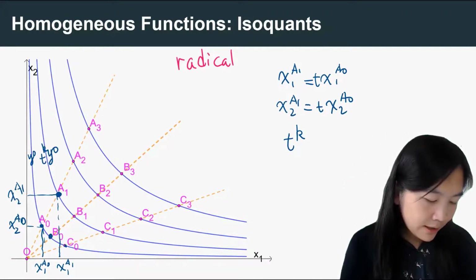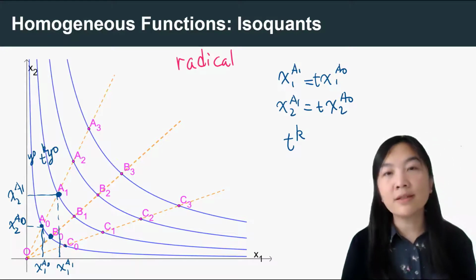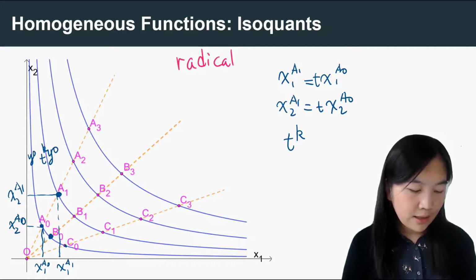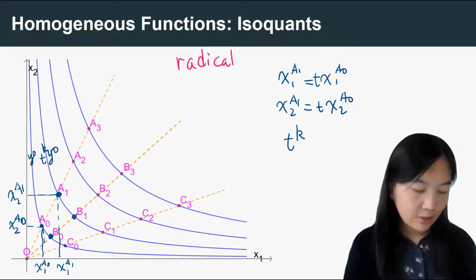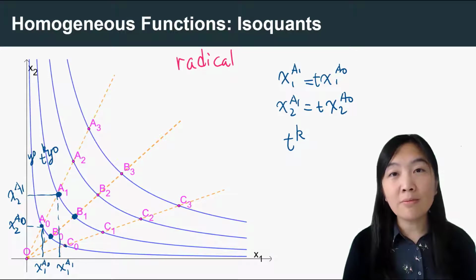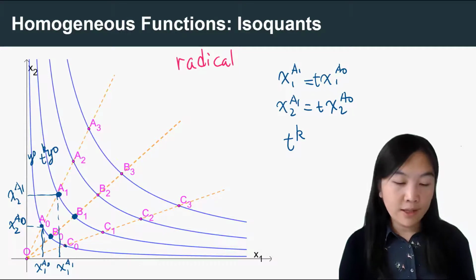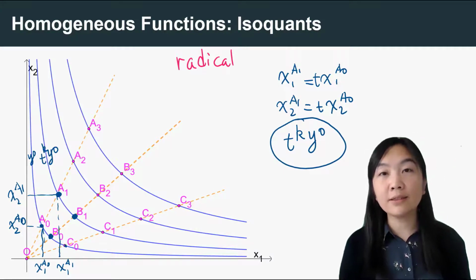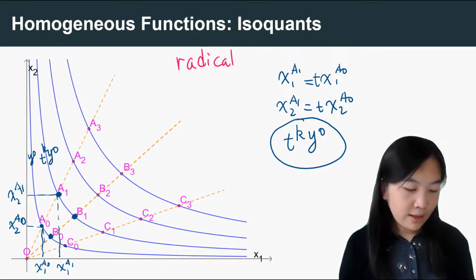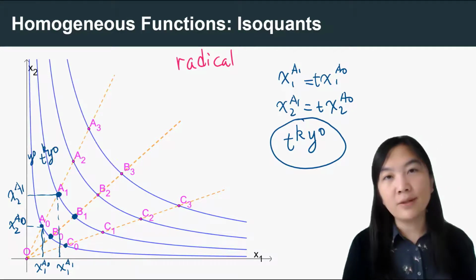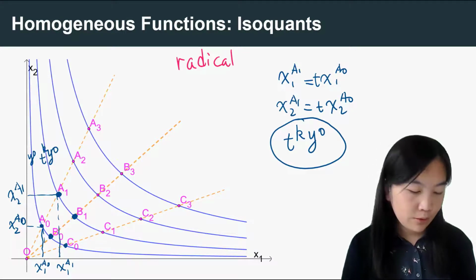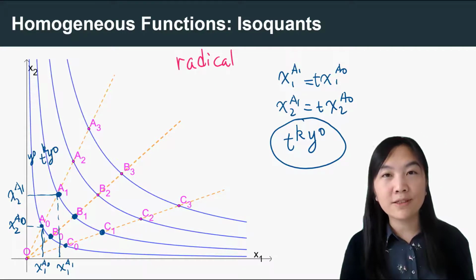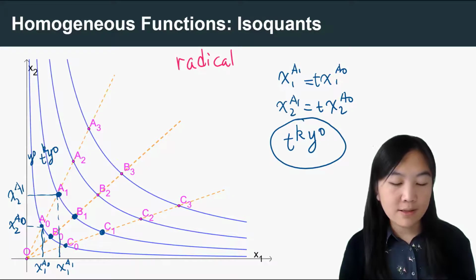If you pick another point here on the y0 isoquant, b0, and increase the input use by t times, you get to the point b1, and at b1 your output level is still t to the k times y0. And if you pick another point, c0, and increase the input use by t times, you get to c1. Again, the output level is still t to the k times y0.